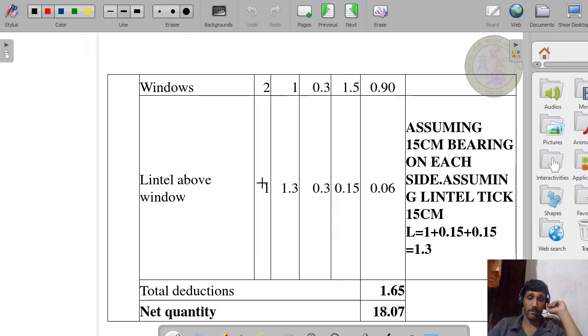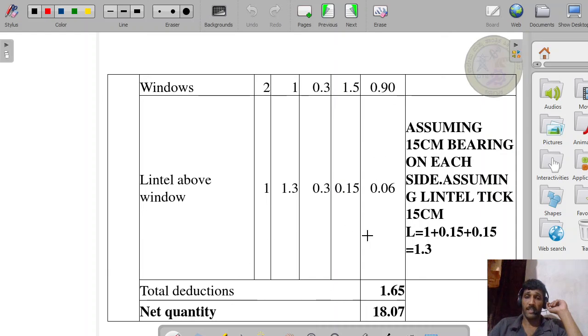Now by multiplying all these factors, it is not 0.06, it is 0.12 multiplied by 2. Windows, 2 numbers, 1, 0.3, 1.5. 1 is length, breadth 1.5 and thickness 0.3. By multiplying this, 0.9 meter.